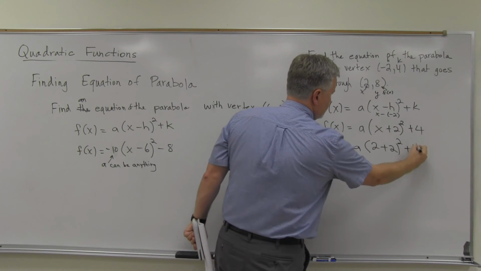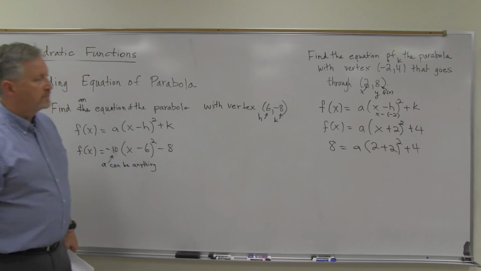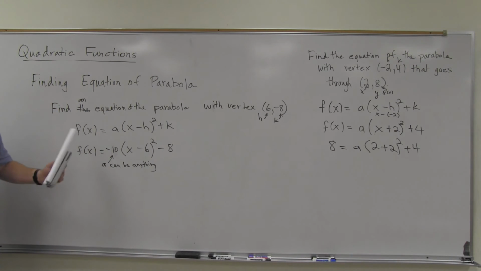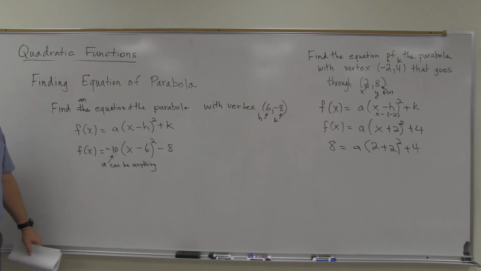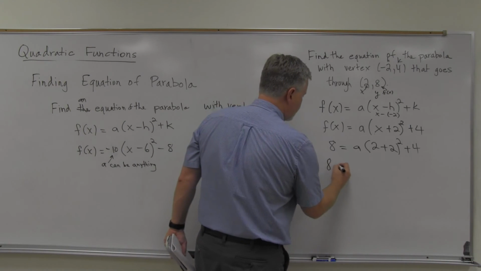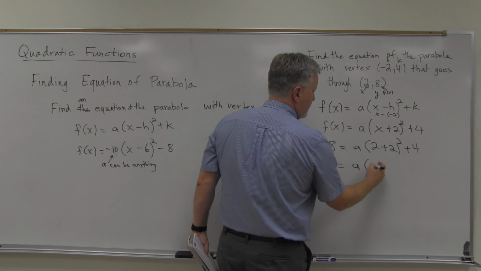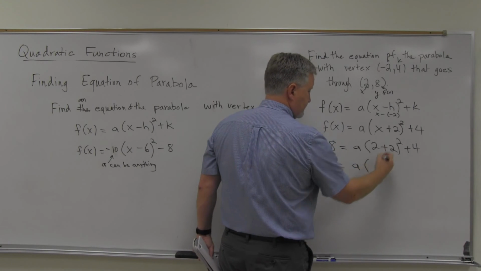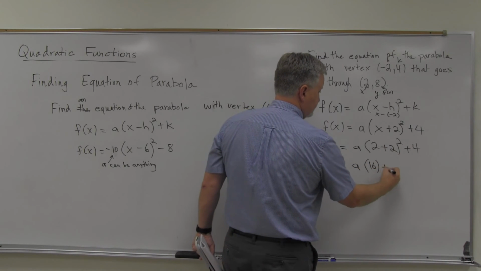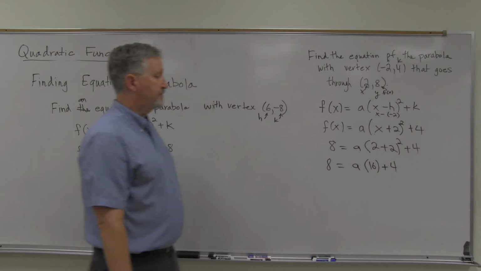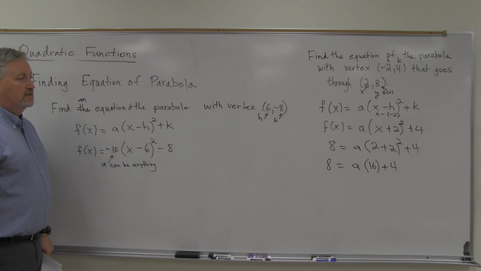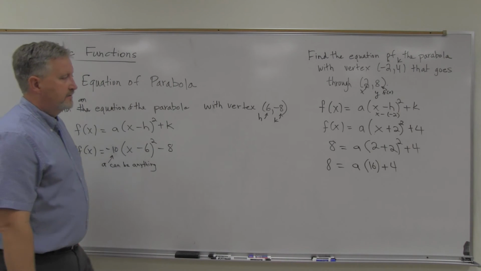That gets me this equation. Well, that's an equation with a unknown, so I can solve it for a. I've got 8 equals a times, now that'll be 4 squared, so that'll be 16, times a, plus 4. Well, don't let that confuse you.